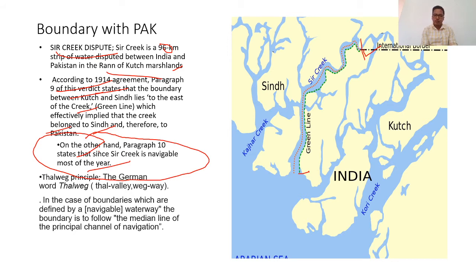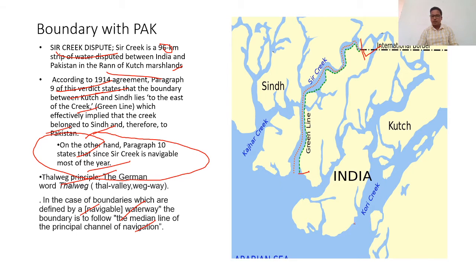So if some water is navigable, some principle would be applied. What principle? The Thalweg principle. According to the Thalweg principle, if the channel is navigable, then always it would be the median. That means the middle path would be the international border. Okay, I explained this to you.